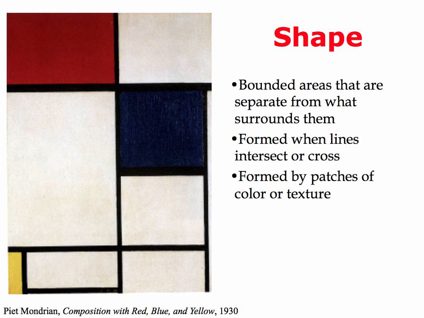So, here's a painting by Piet Mondrian called Composition with Red, Blue, and Yellow. And in this we can see several shapes. There's the red rectangular shape, the blue and yellow ones, and also all of the white rectangular shapes, which are created by the intersecting black lines.